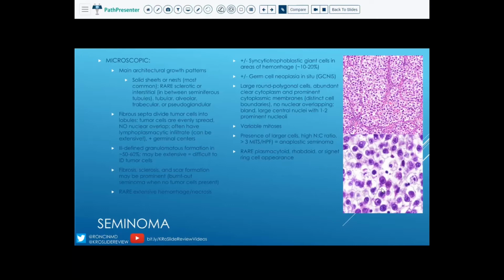You may or may not see prominent nucleoli, but 1 to 2. So you wouldn't see multiple peripheral nucleoli like we saw with prostate cancer. You may or may not see mitotic activity, and if you have a lot of these big cells, high NC ratio, and lots of mitotic activity, then we think about things like anaplastic seminoma, some very rare appearances to keep in mind.